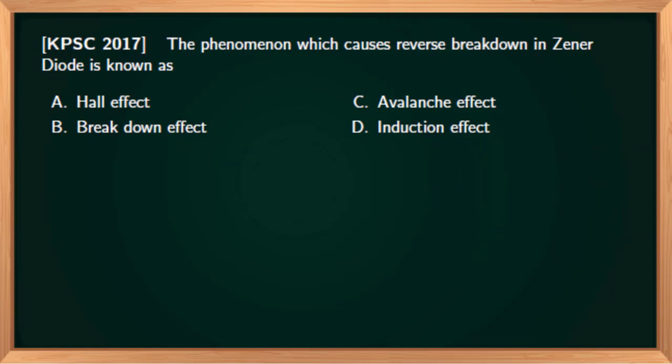Next question. The phenomenon which causes reverse breakdown in Zener diode is known as. The reverse breakdown mechanism in Zener diode is known as avalanche effect.